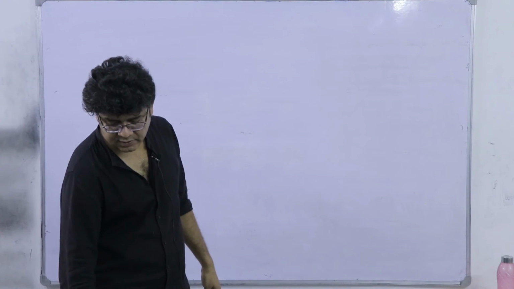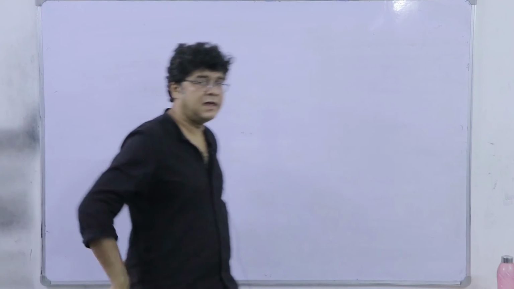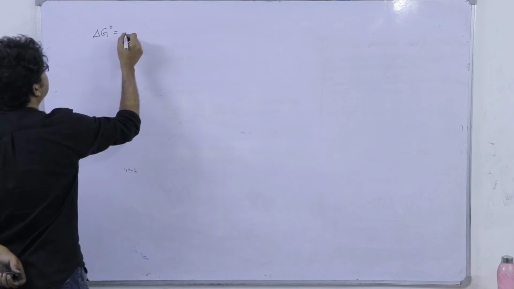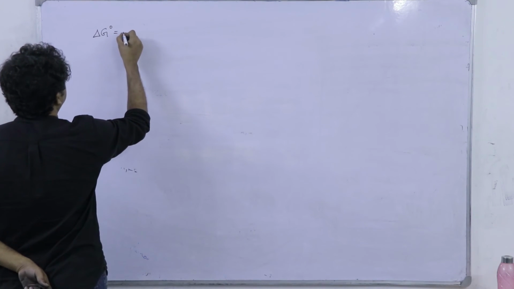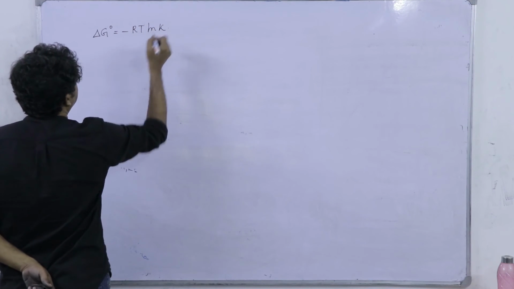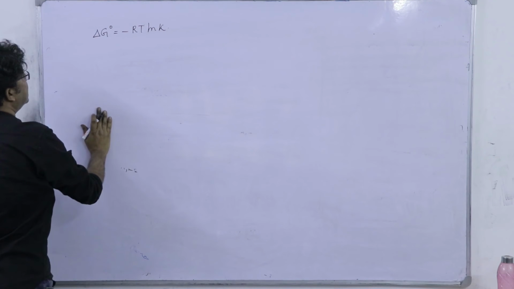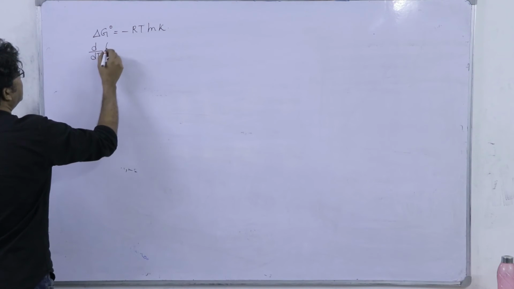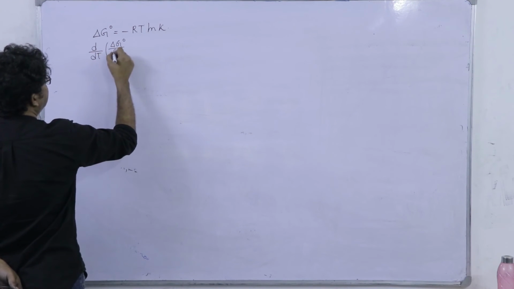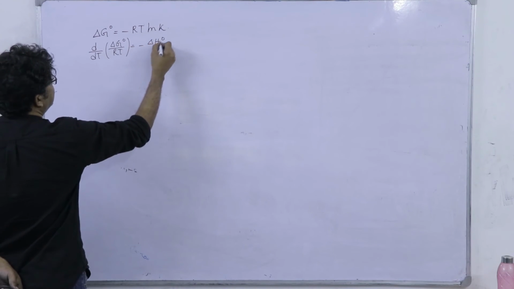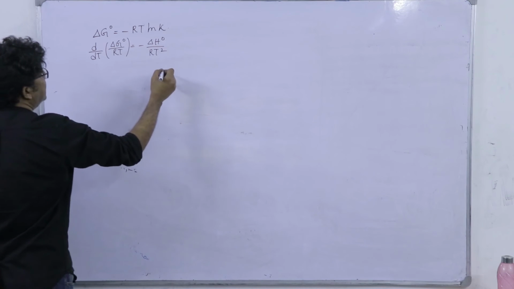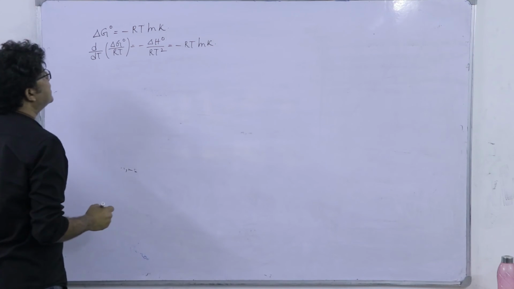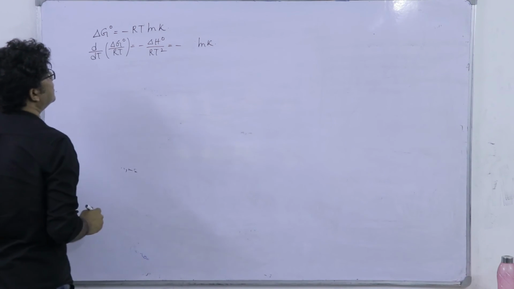We know from thermodynamic equilibrium that, you see, again I am repeating it, that standard Gibbs energy change is equal to minus of RT ln K, right, minus of RT ln K. So, the derivative of delta G naught by RT must be equal to minus of delta H naught by RT square, and that is equal to minus of ln K only, right.